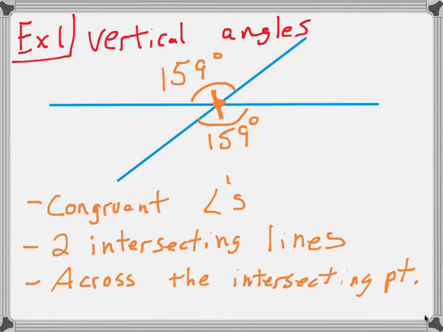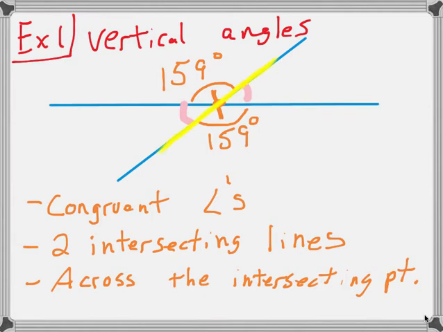If we looked at finding these two angle measures, it'd be pretty easy because now we have the supplementary angle, the straight line angle, which is 180 degrees.